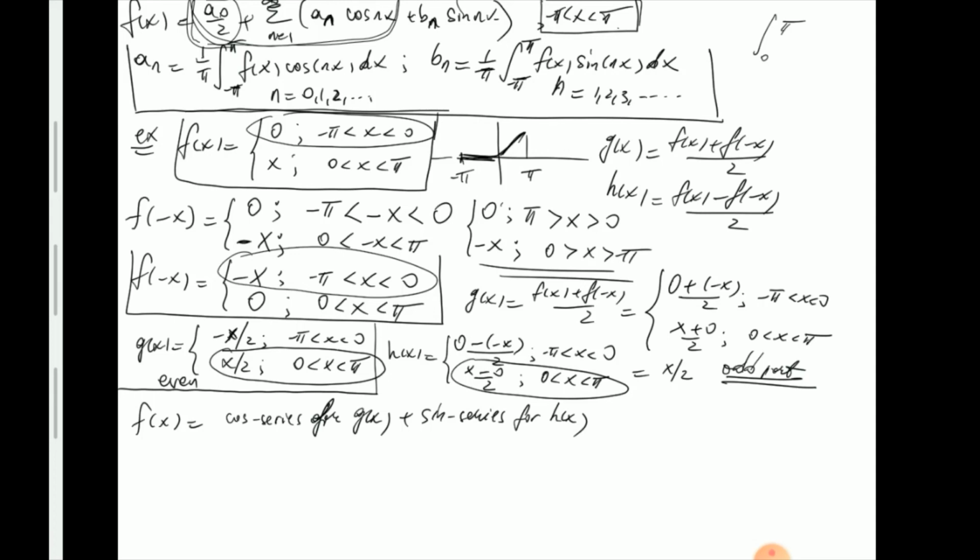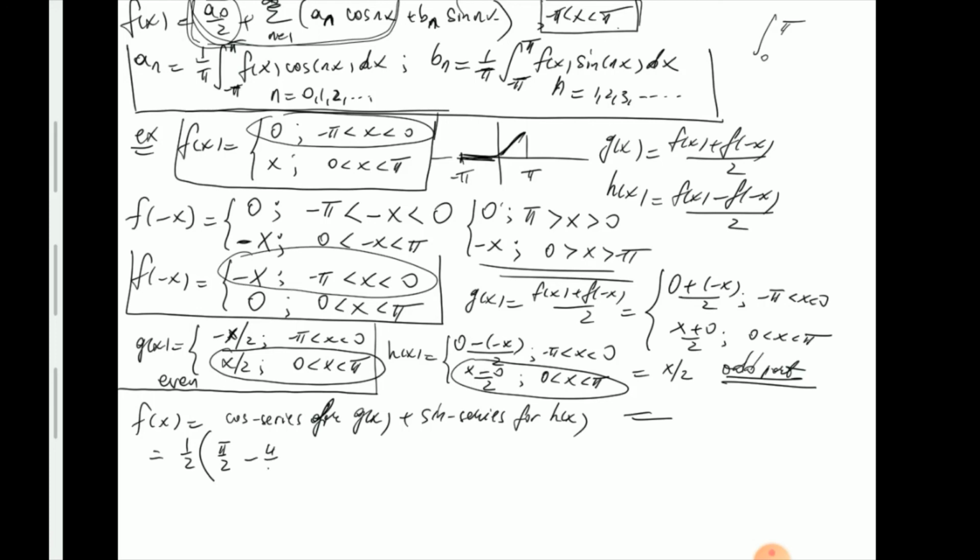We have a Fourier cosine series for x, and I need x over 2, so I'm going to just divide by 2 the Fourier cosine series for x, and from the table, that's pi over 2.